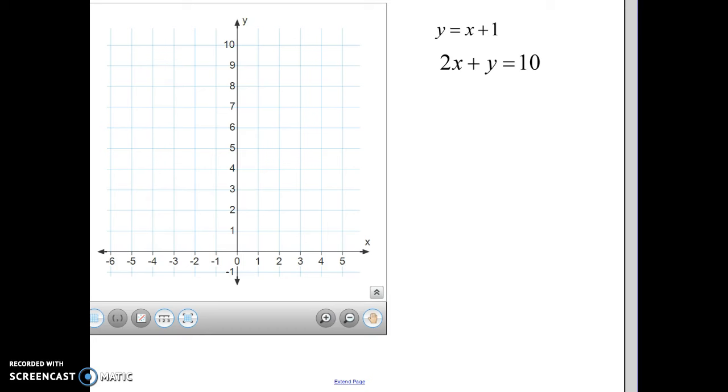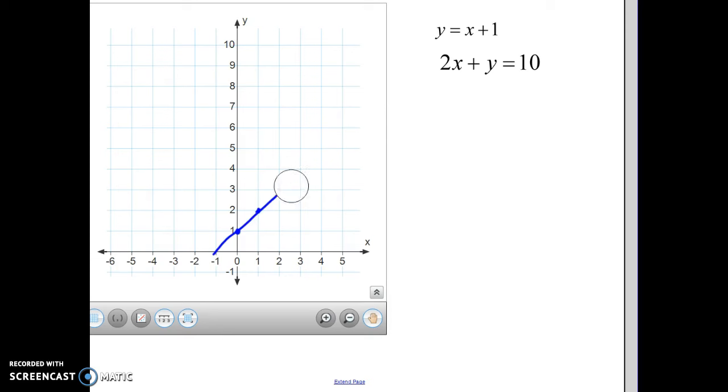My next equation is slightly different. I do have the first one, y equals x plus 1. So we are going to put our y-intercept at 1, and we have a slope of 1, so rise 1 over run 1, and we're going to draw our line. I'm sorry, the calibration seems to be a little crazy here on my board.